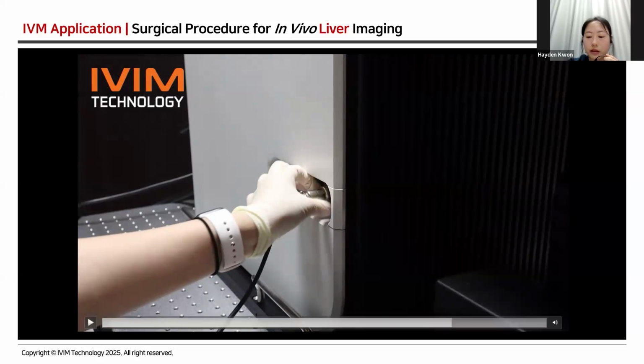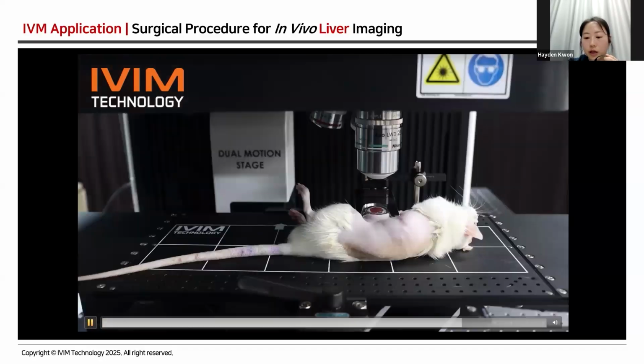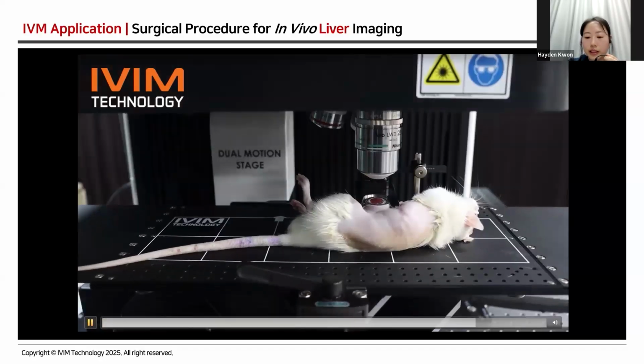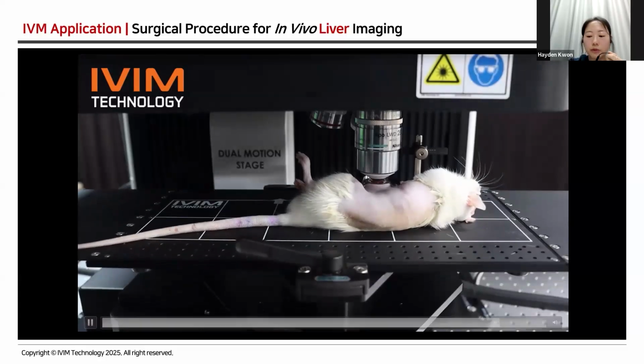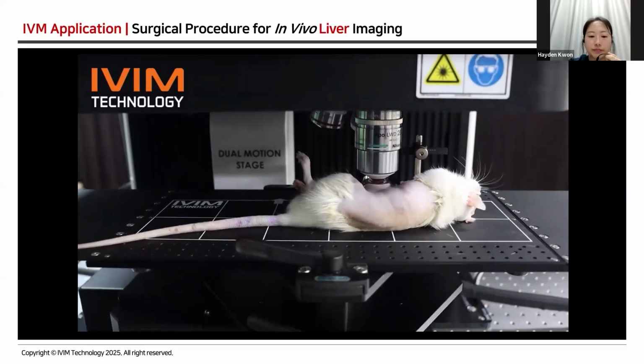A heating cable was also connected to the system for temperature control and monitoring. The stage position was roughly adjusted using the handles and then fine-tuned with a jog dial to locate the focal plane before proceeding with imaging.